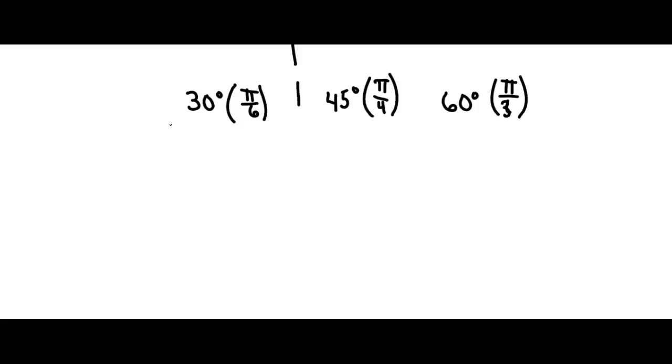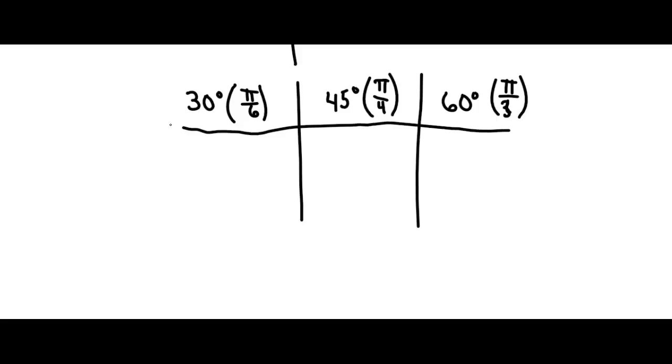So here are our three common angles. And remember, we'll talk about this in a second, but a lot of your reference angles all the way around the axes will reference these as well. So first, let's look at sine of the angle.